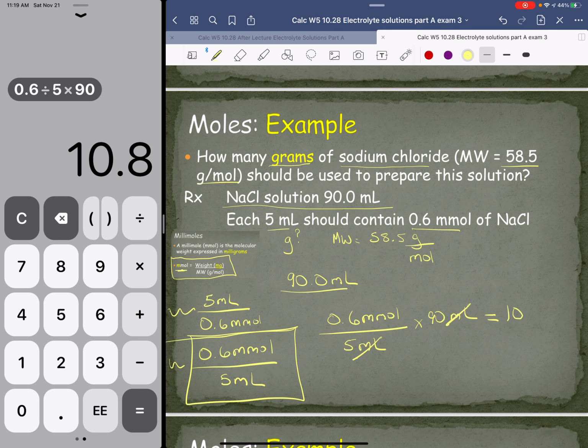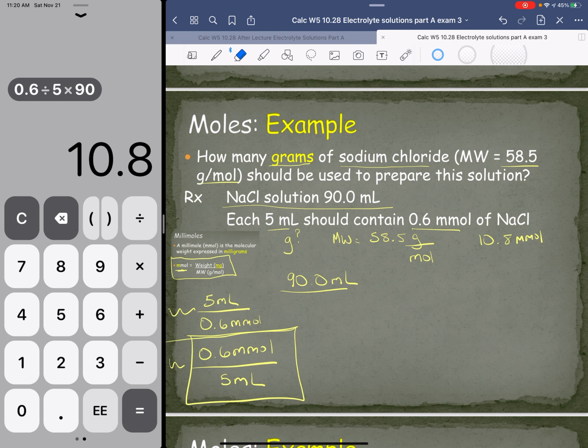Altogether, we are going to have 10.8 millimoles. I've run out of room here, so I'm going to write that 10.8 millimoles is how many we have in that 90 mLs of solution.